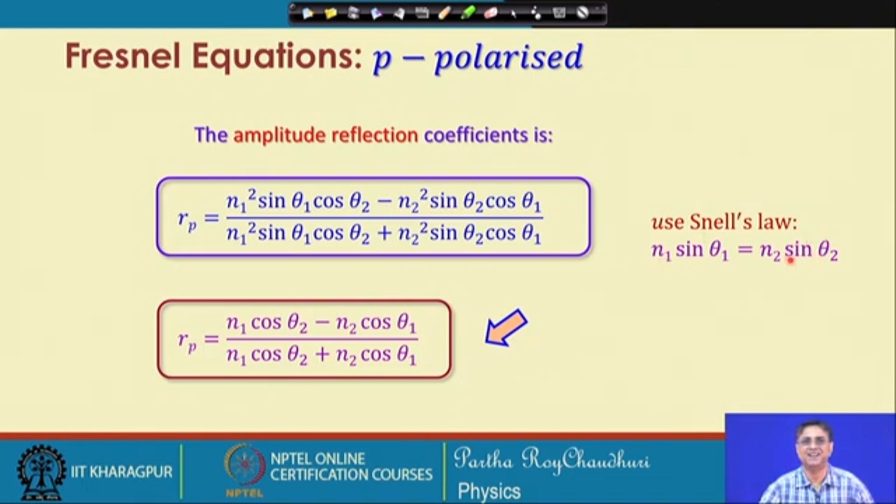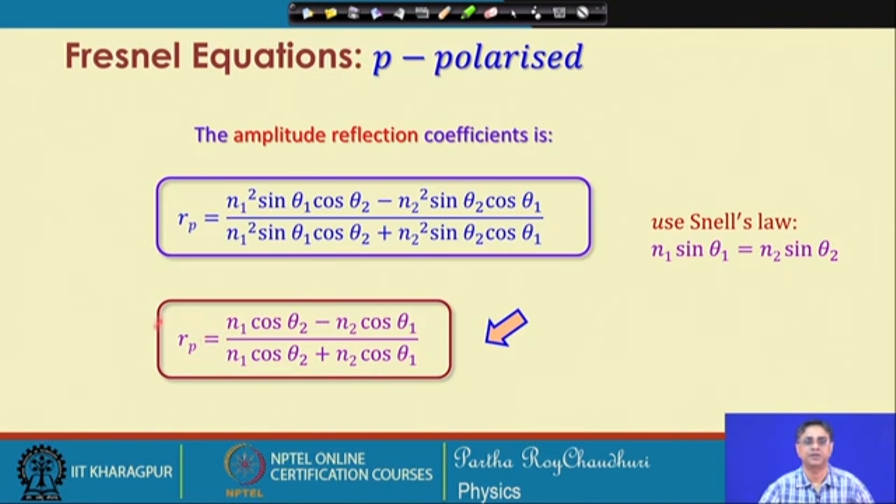Therefore, using this connection we can again rewrite this equation, that N1 sin theta 1, if we remove 1, that will give me N2 sin theta 2, which will also appear here. So, we can take outside from this numerator one N1 sin theta 1 or N2 sin theta 2, and likewise from the denominator we can also take out one N1 sin theta 1 or N2 sin theta 2, and they will cancel outside.